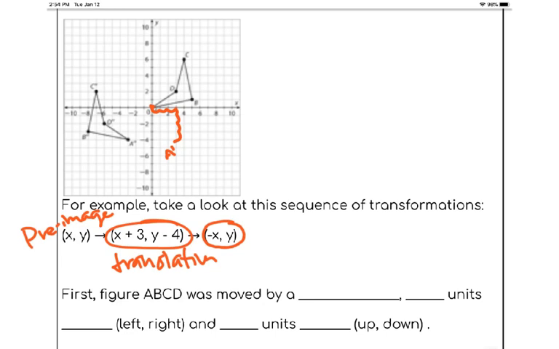So once you get that image, let's just see. B to the right 3 and down 4. C, right 3, down 4.